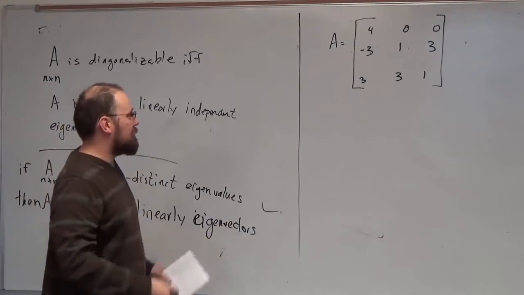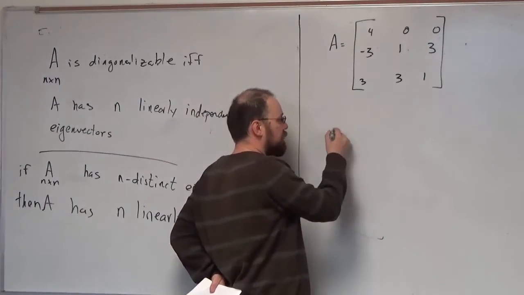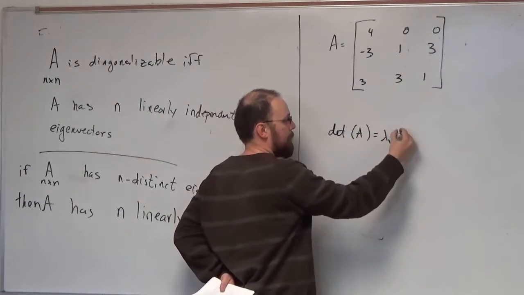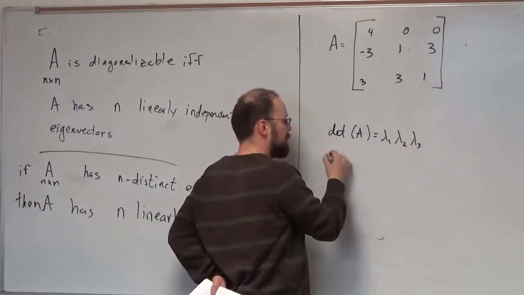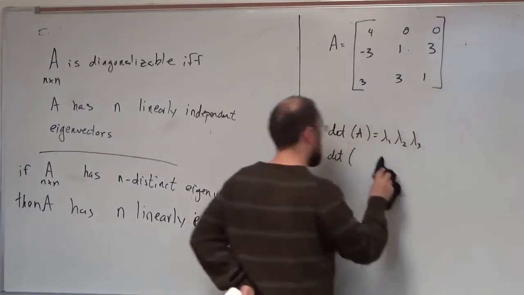Do you want to know the neat theorem? We said that the determinant of the matrix is the product of the eigenvalues. It also turns out that the sum of the eigenvalues is the trace of the matrix.